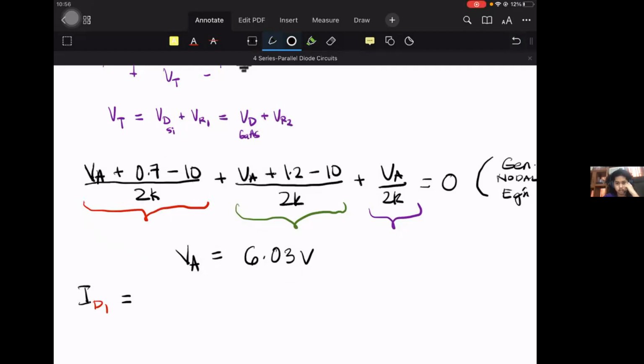So 6.03 plus 0.7 minus 10 over 2K. Negative 1.63.